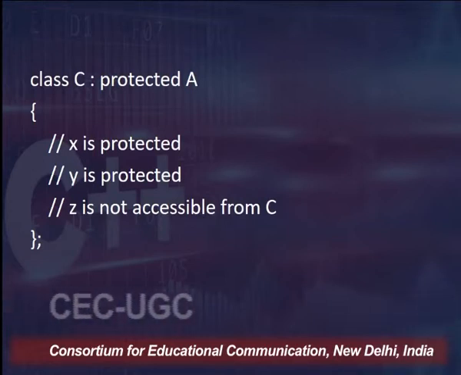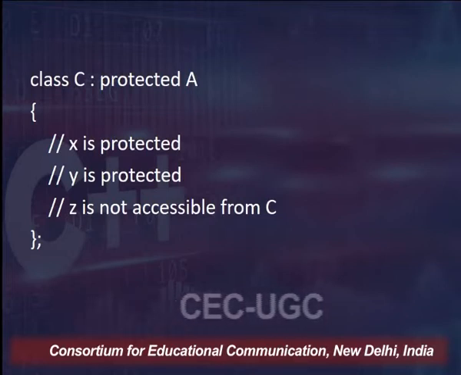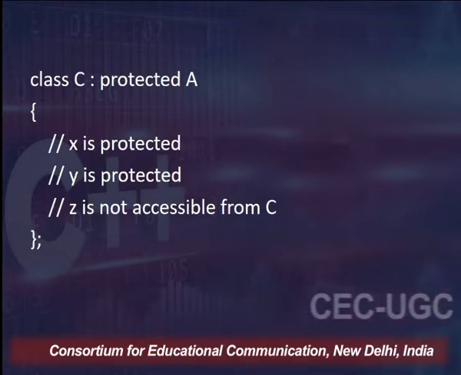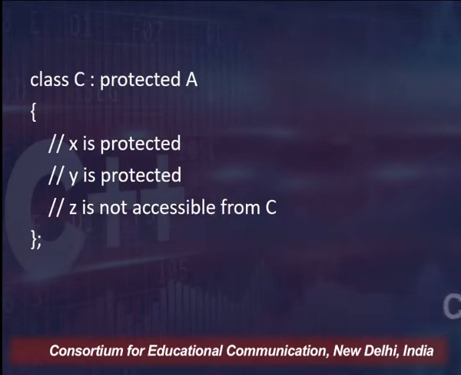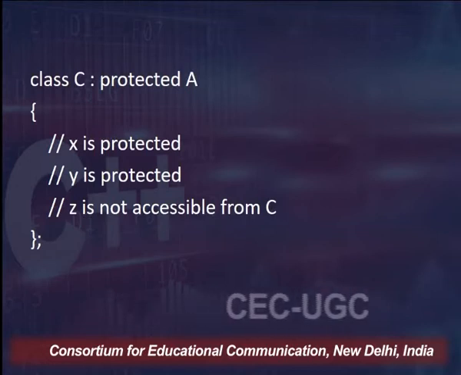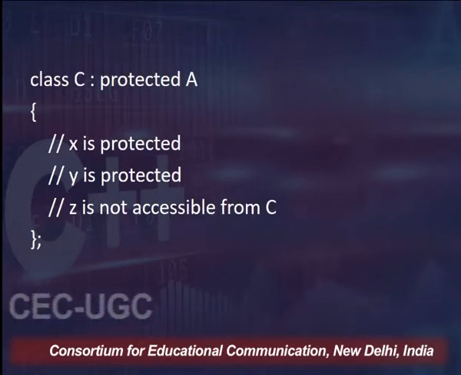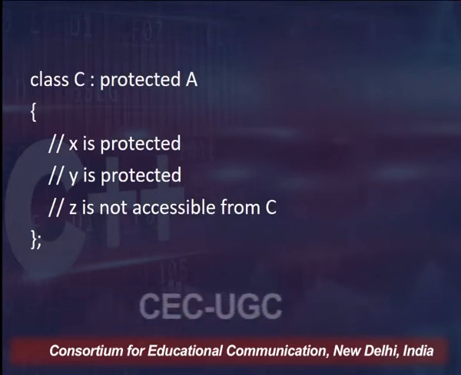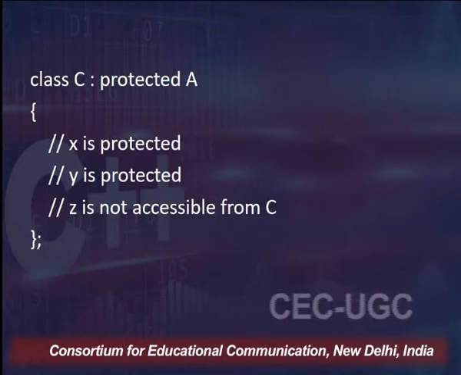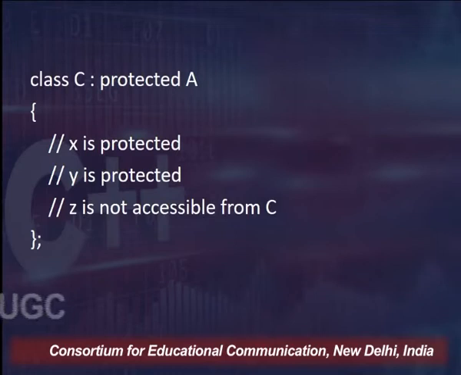Here you can see class C : protected A. Now X, which was public, has become protected inside class C. Y, which was already protected, will remain protected here, and Z obviously is not going to be accessible from C because it was a private member.